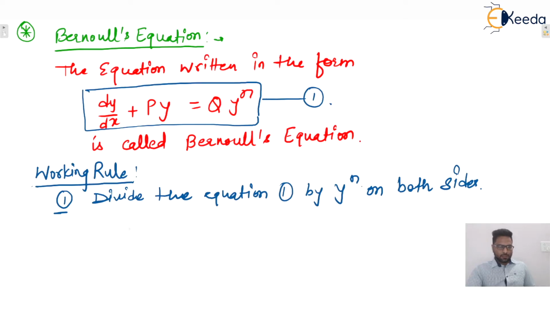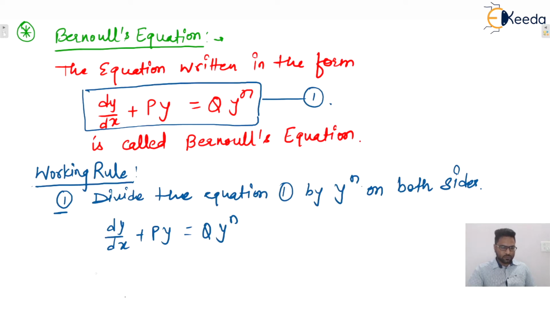The given equation is dy by dx plus py equals to q into y raised to power n. Now divide this equation by y raised to power n on both sides.